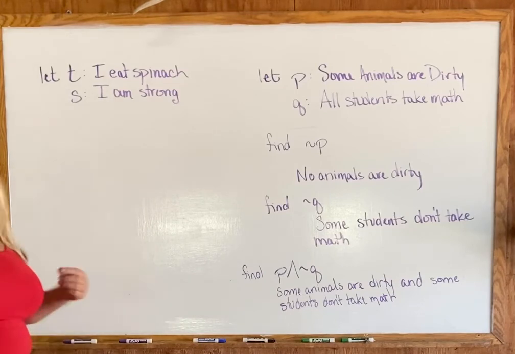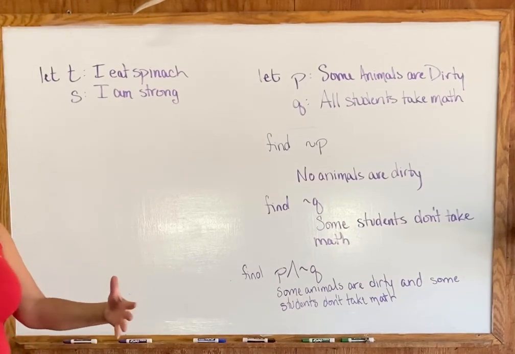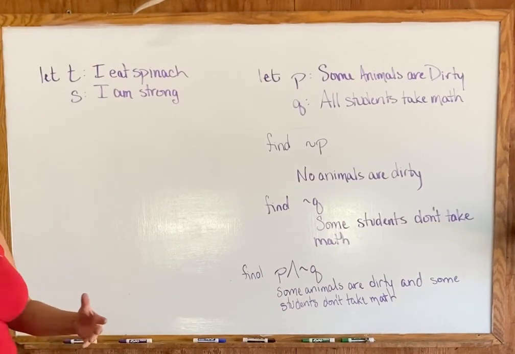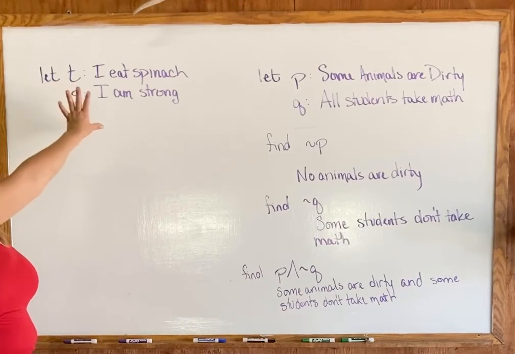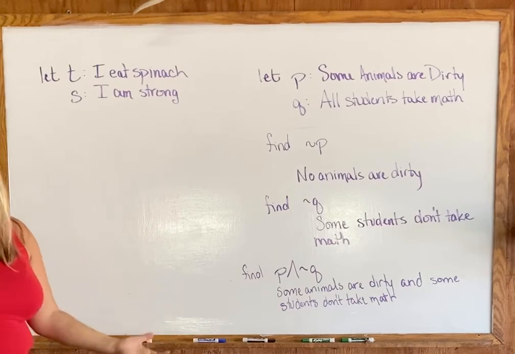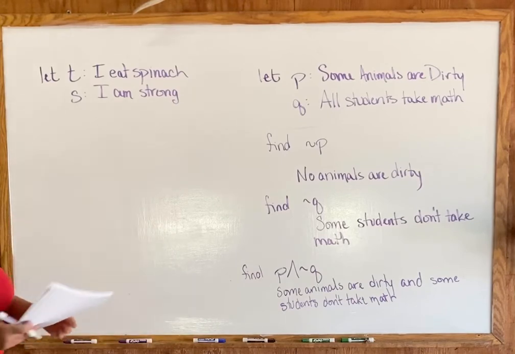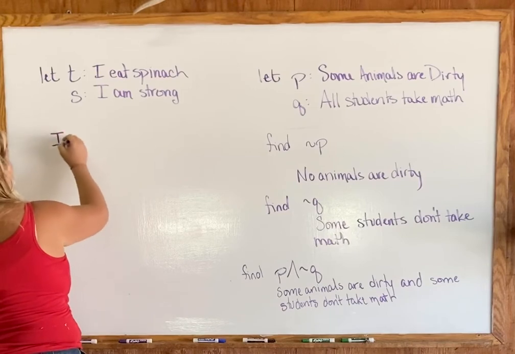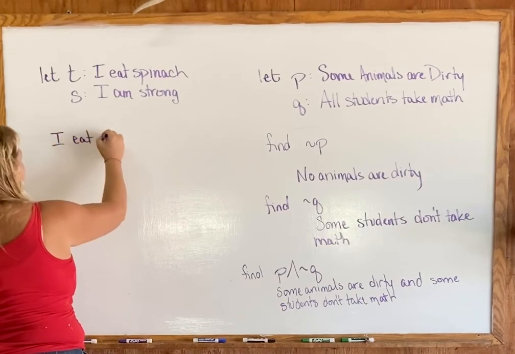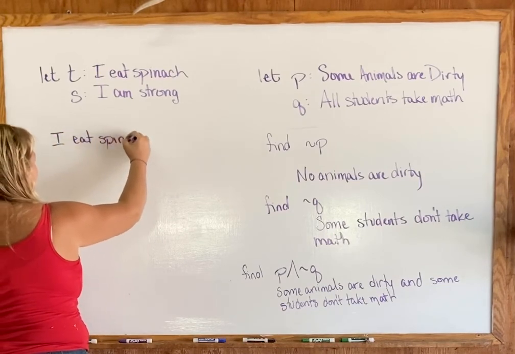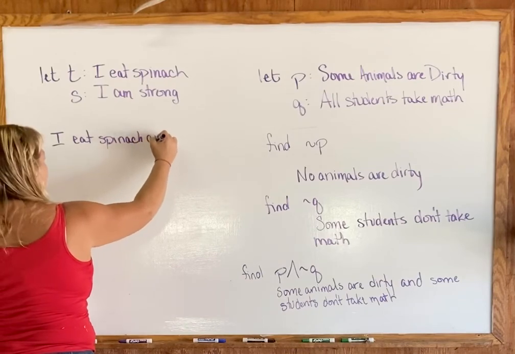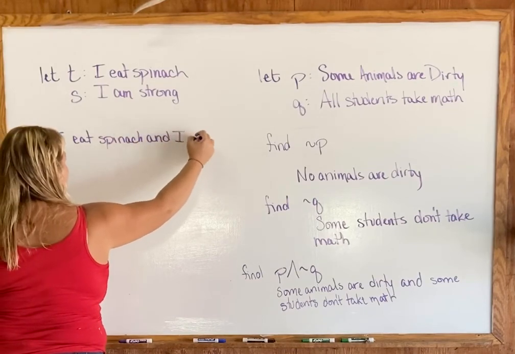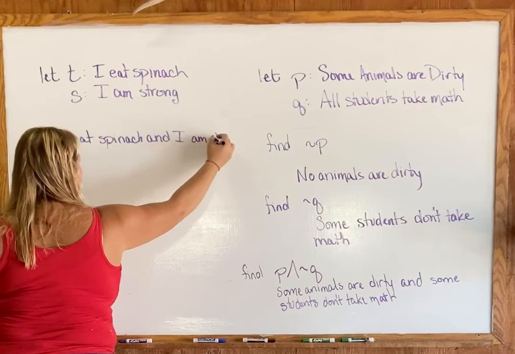This time what I'm going to do is write out a sentence, and we're going to decide: is it a disjunction, is it a conjunction, is it a negation? We're going to write that out. Okay, so let's say the sentence was, I eat spinach and I am strong.